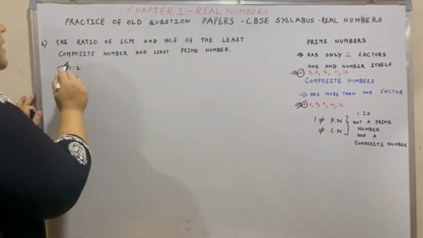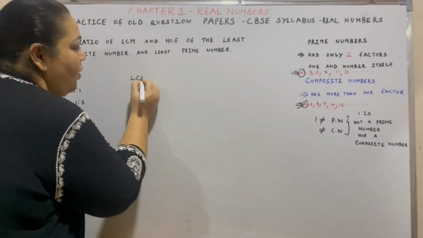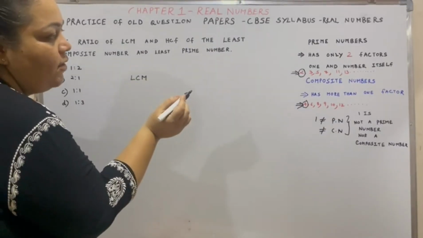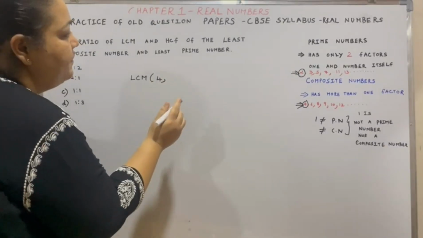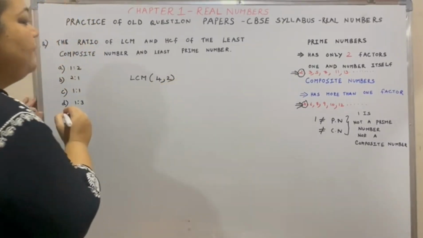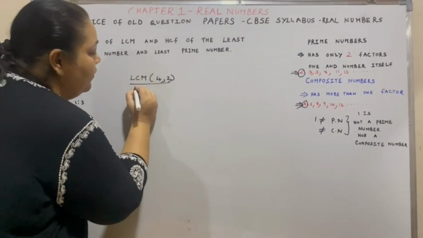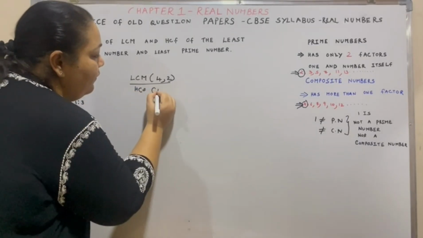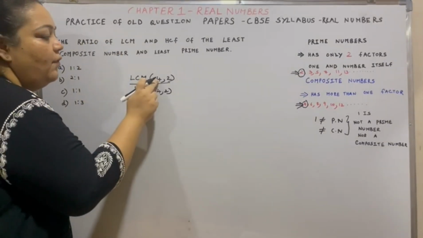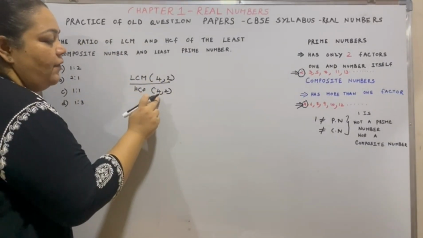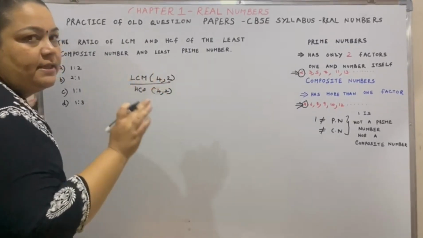So we need the LCM of 4 comma 2 and the HCF of 4 comma 2. So they asked what is the ratio of LCM of 4 comma 2 and HCF of 4 comma 2. 4 is the least composite number, 2 is the least prime number.